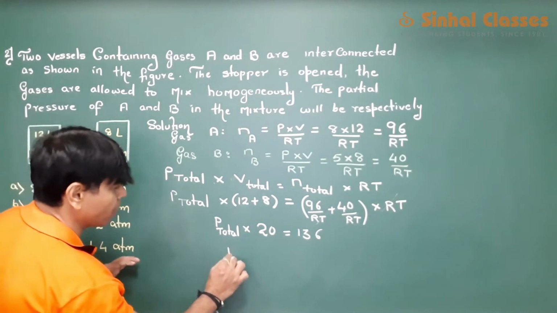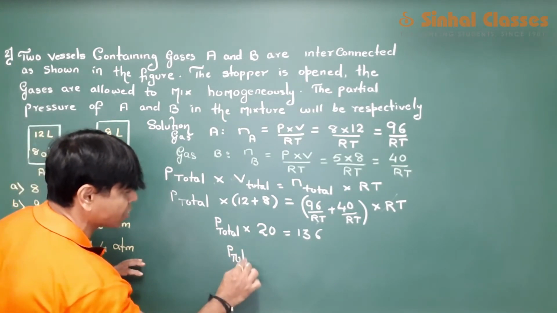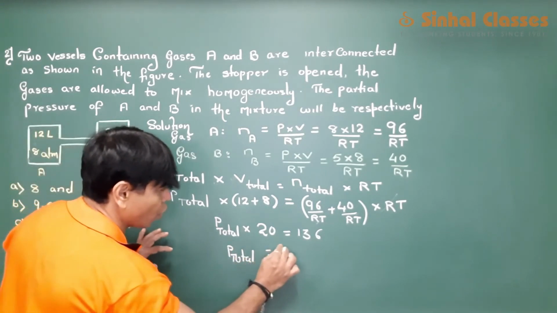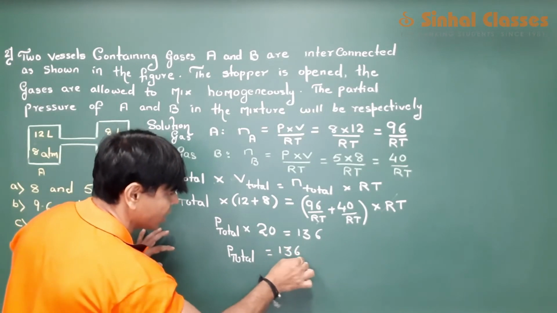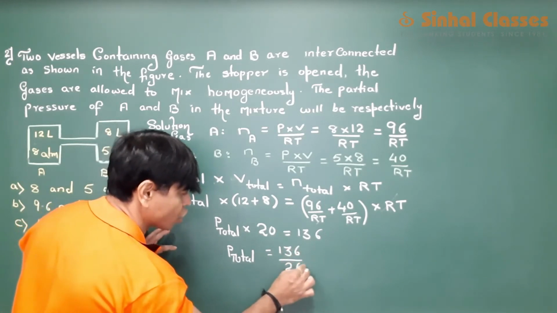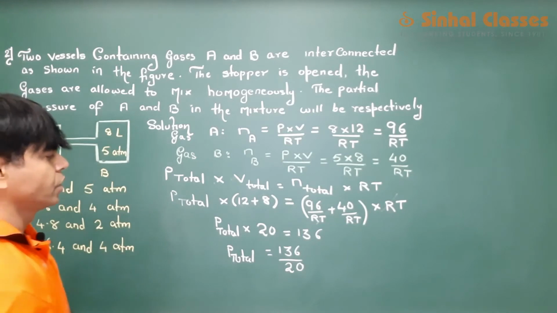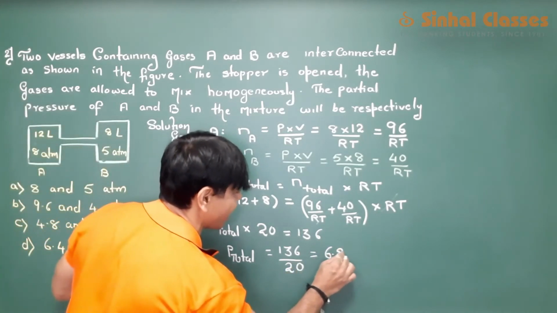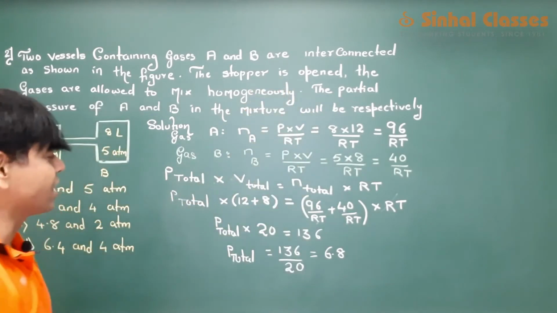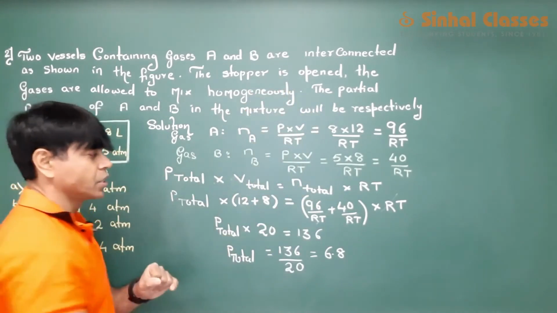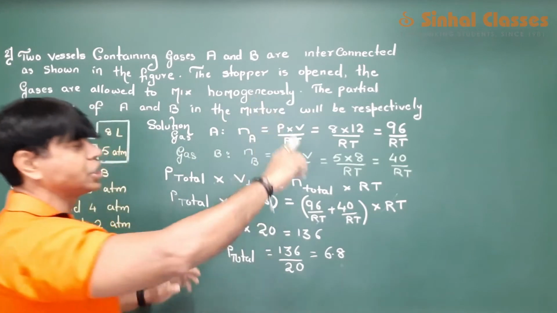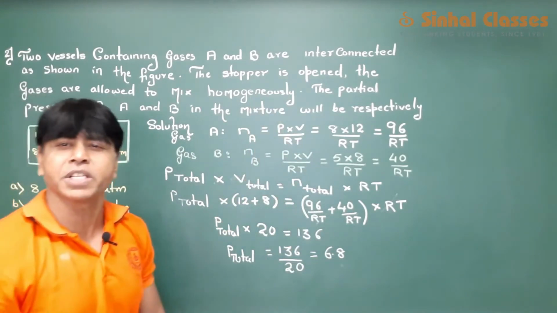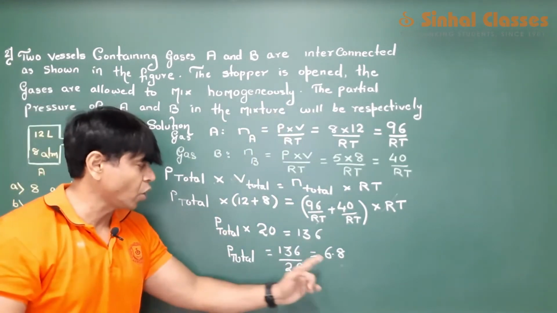So what will be the total pressure? It is 136 divided by 20. So this will be 6.8, the total pressure. This much atmosphere is the total pressure.